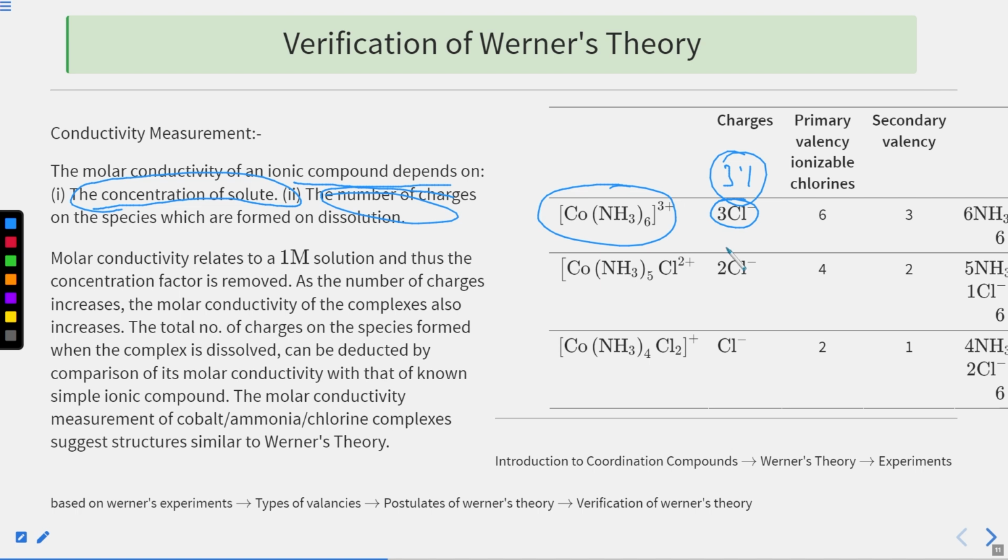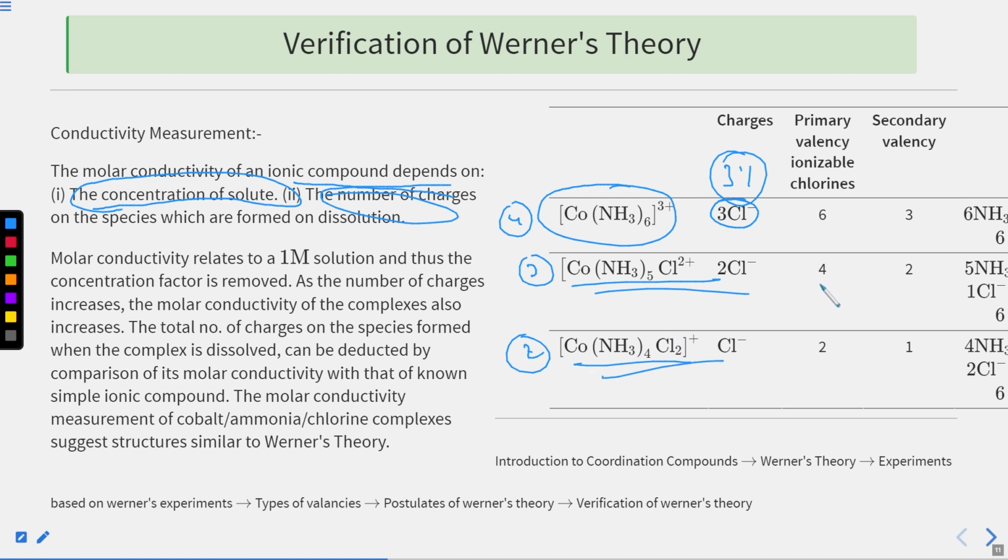The conductivity seen after this experiment looks like 4 ions are involved in this, whereas in this case there were 3 ions, and in this case there were 2 ions. So what does this depict? This depicted that we do not have Cl minus present as ionizable in that case. If they were ionizable, then they would have been taking part in increasing the conductivity. Okay, got it?